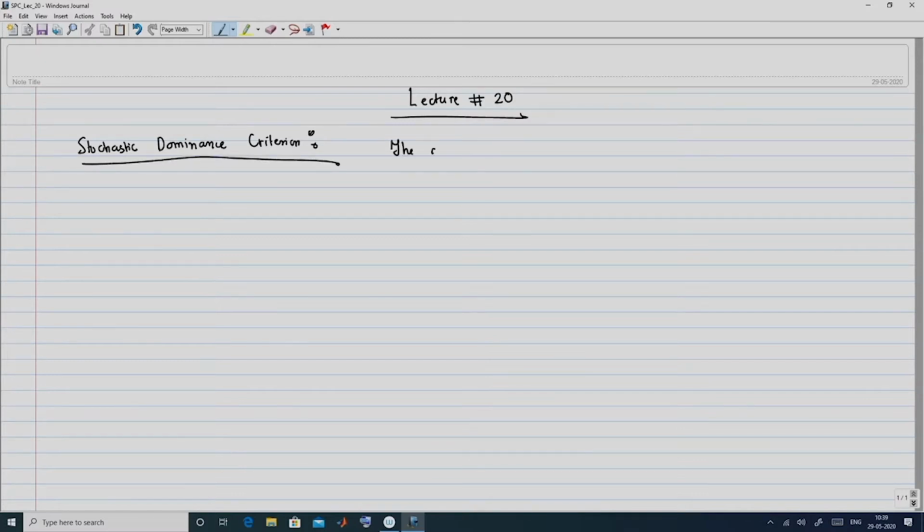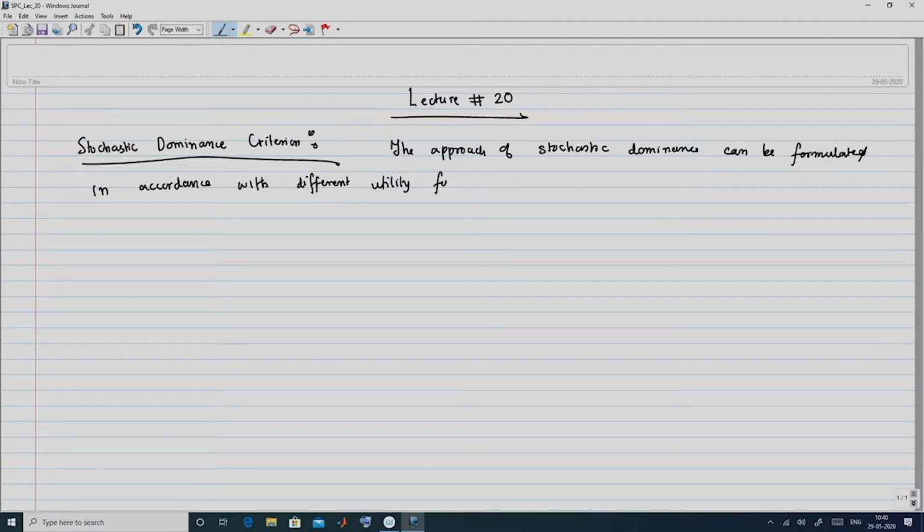So, this approach of stochastic dominance can be formulated in accordance with different utility functions, and we will explain this in detail in the subsequent discussion.